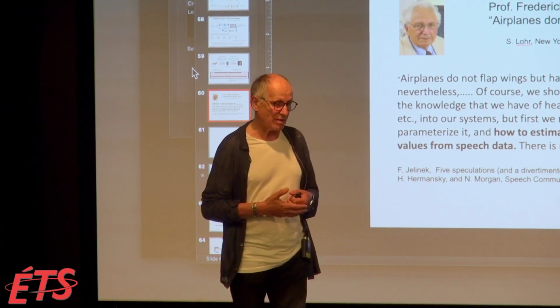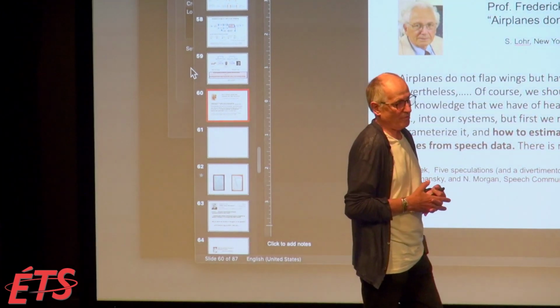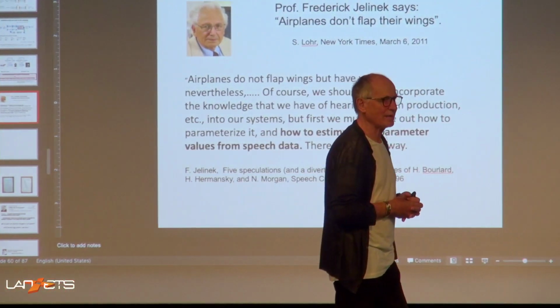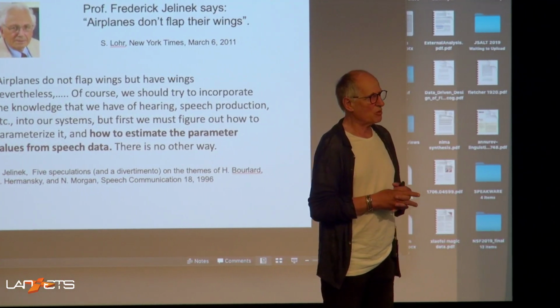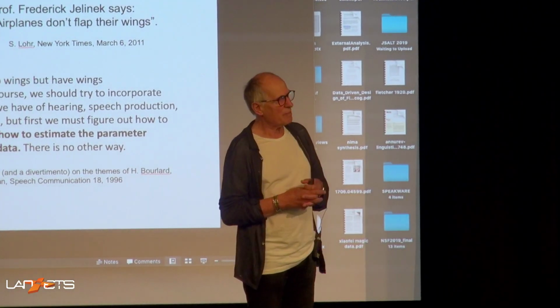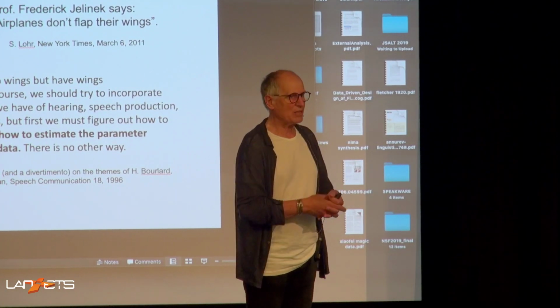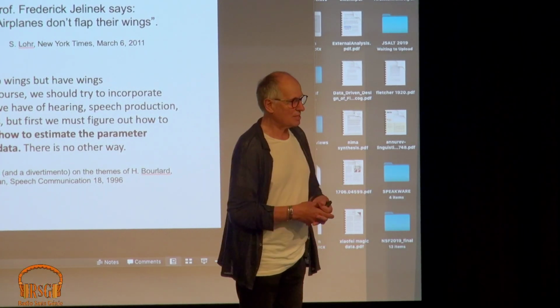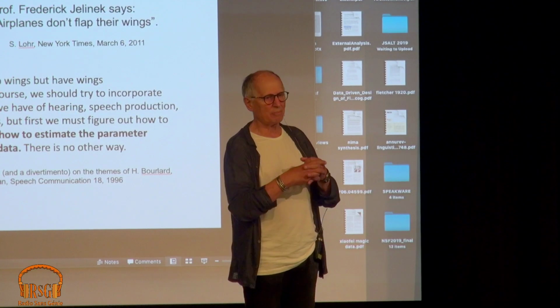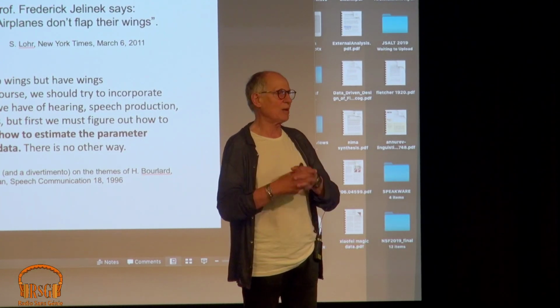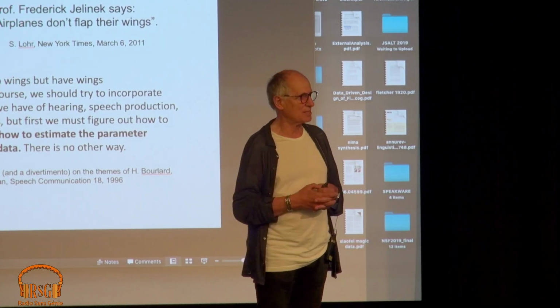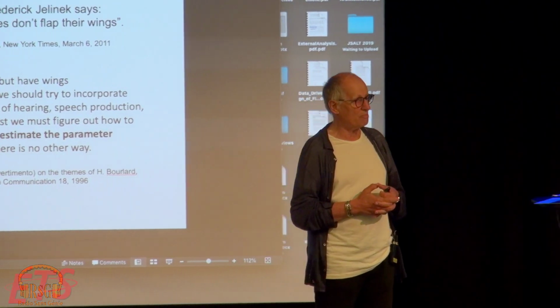It would be very good if somebody is willing to run the perceptual experiment. Experiments are relatively simple. What you are doing is high-pass filtering speech, low-pass filtering speech, corrupting the high-pass filtered speech, corrupting the low-pass filtered speech. Nowadays, we can probably even do a decent way of bandpassing the speech.